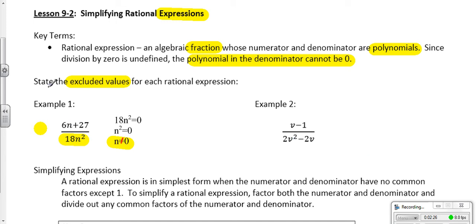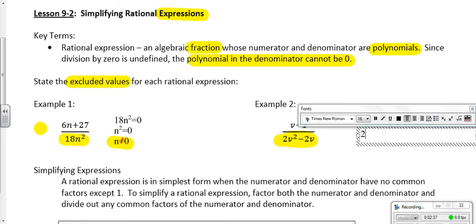In the next one, again, we're going to focus on just the denominator because that's where the problem comes from. So we're going to ask ourselves, what would cause 2v squared minus 2v to equal 0?